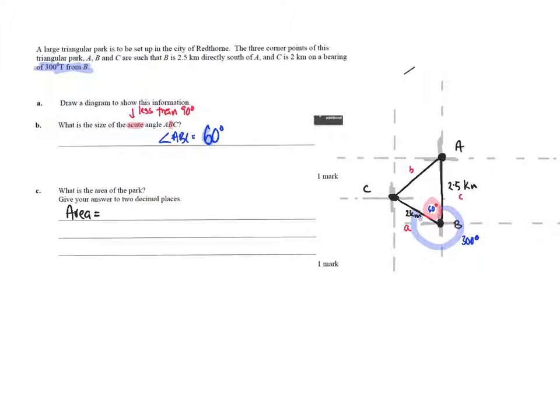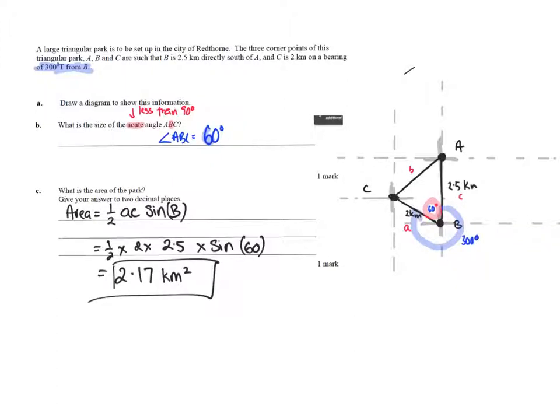So I've got angle B. So when I use the rule, I'm going to use a half AC sine B. So that was one of your new area formulas. So you go a half times A, which was 2, times C, which is 2.5, times sine 60. Okay, so I find that to be 2.17. Now this was measured in kilometres, but this is area, so kilometres squared. Don't forget to write all that.